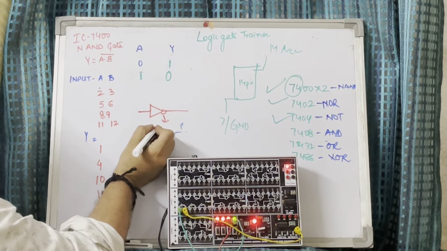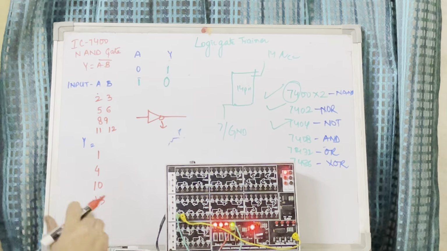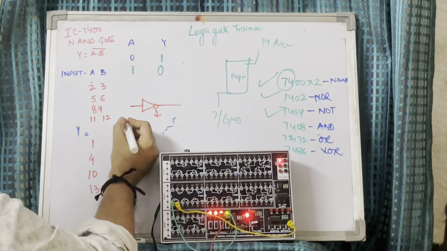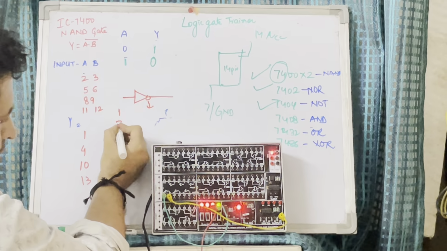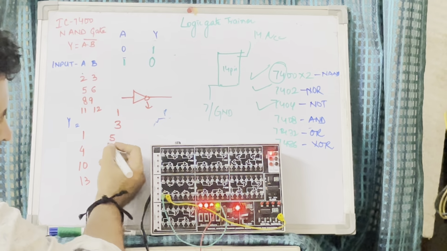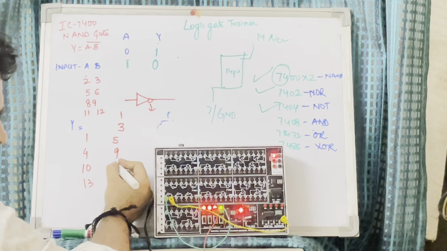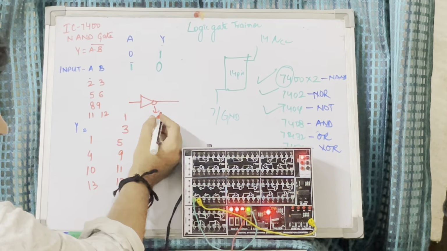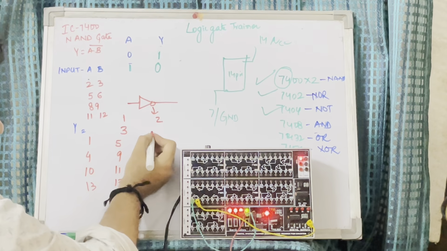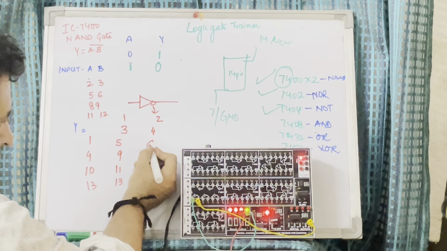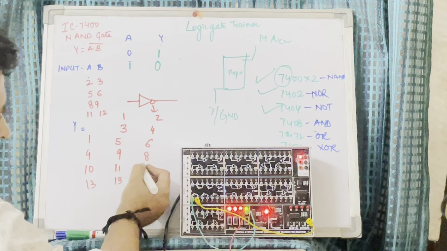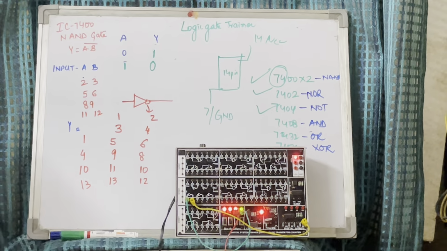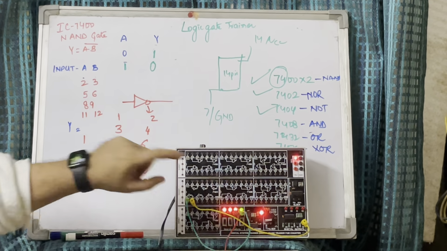This indicates negation, it inverts. Now the input pins are 1, 3, 5, 9, 11 and 13. The output pins are 2, 4, 6, 8, 10 and 12. So now we have worked the IC 7404.